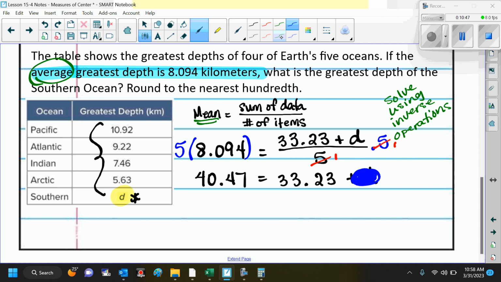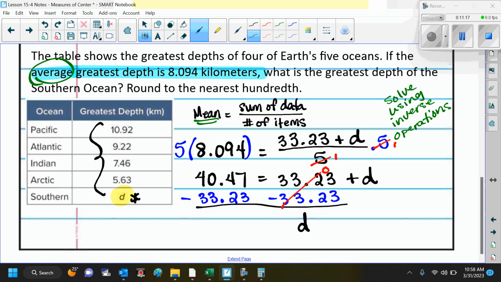We're going to subtract 33.23 on both sides. Because remember, you want to show your inverse operations and you want to show that you're keeping the balance. So here, these cancel to 0 now because anything minus itself is 0. And we're left with D.